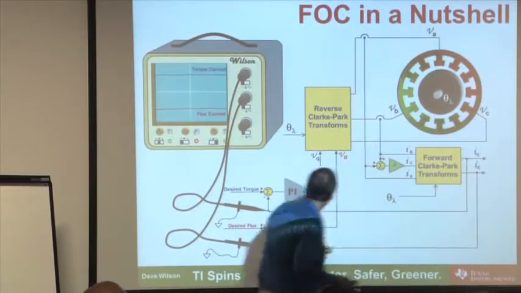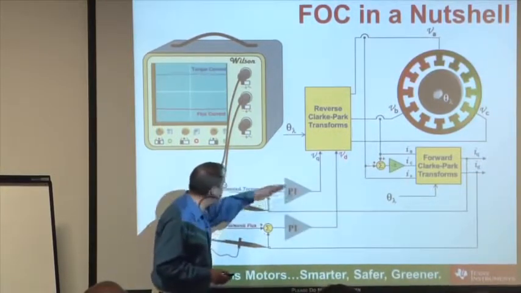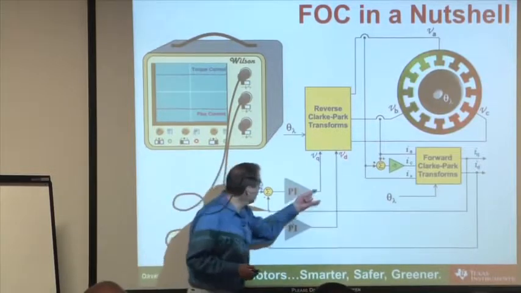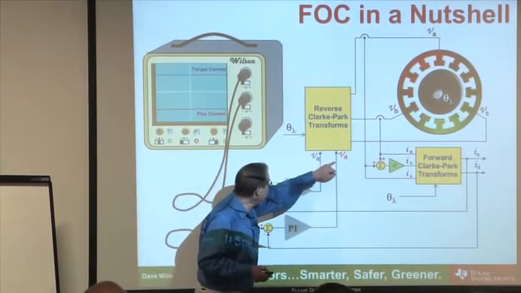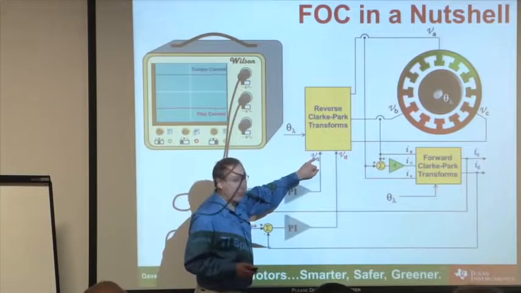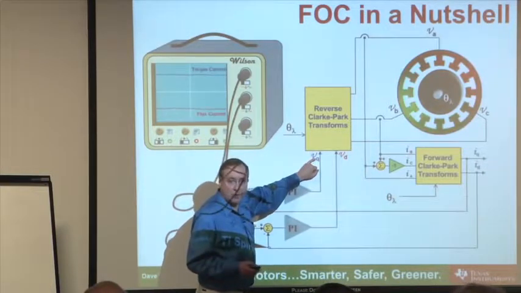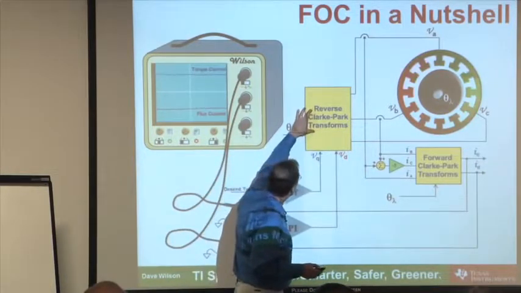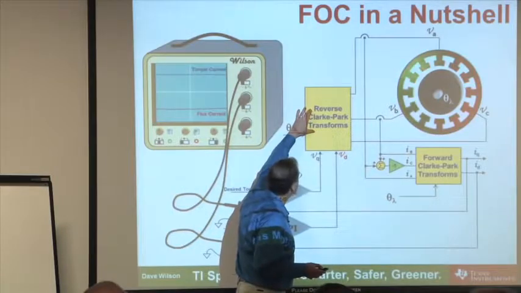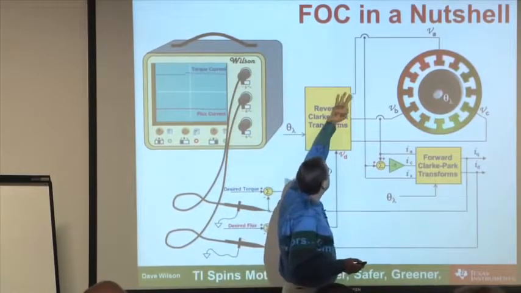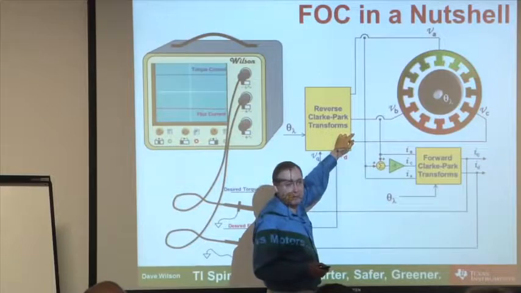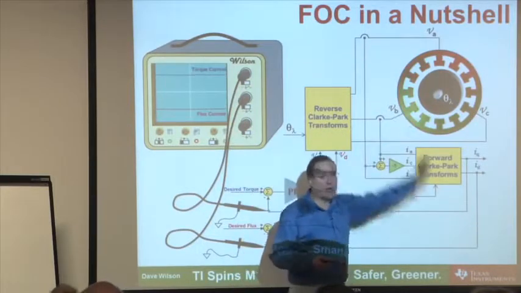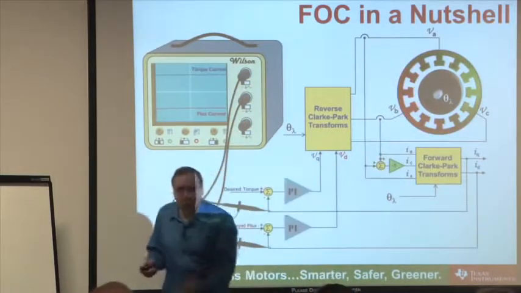I regulate those independently with separate PI controllers to generate 2 correction voltages, VD and VQ. But to apply those to the motor, I need to go back through the Park and Clark transforms in reverse so that I generate three-phase stationary frame voltages, and those are what actually get applied to the motor windings. That's the whole process.